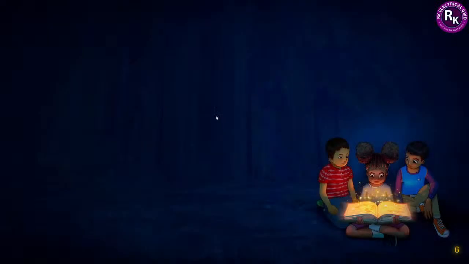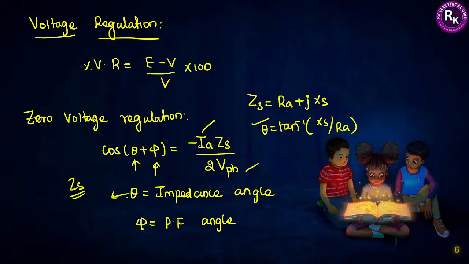Okay, now let us move on to another task. I told you that from the phasor I brought all these things. So this is the impedance angle, sorry, this is the impedance angle. We are talking about it as the synchronous impedance, and phi is the power factor angle. Apart from this, psi is called the internal power factor angle and delta is called the load angle. So totally I have been talking about four angles.